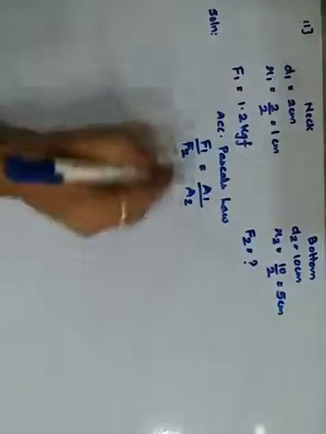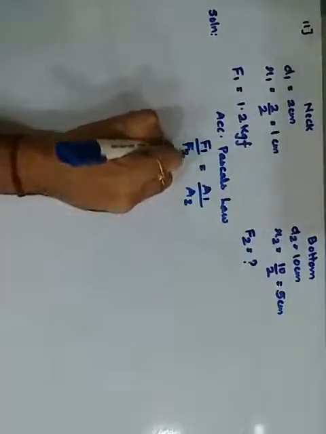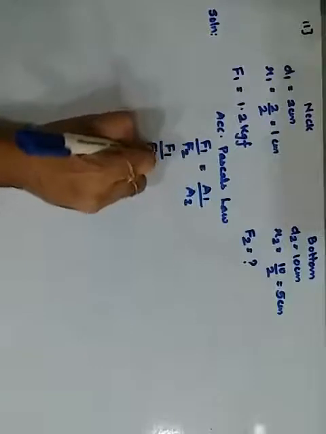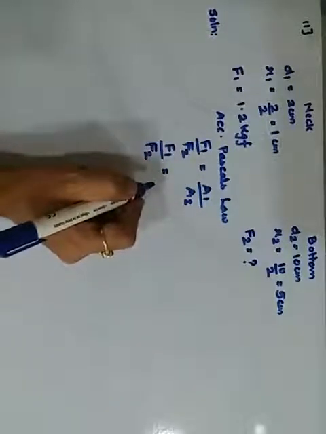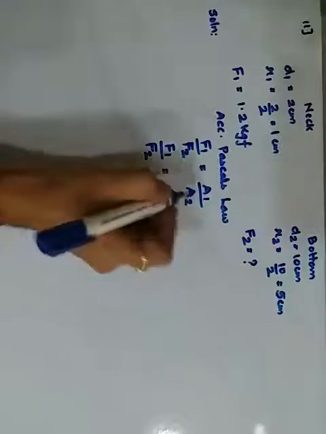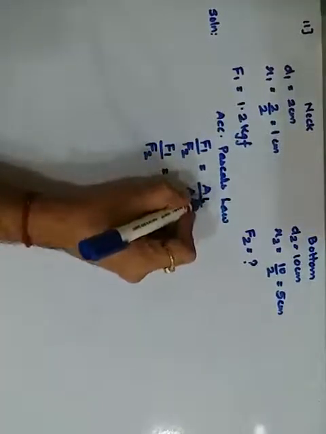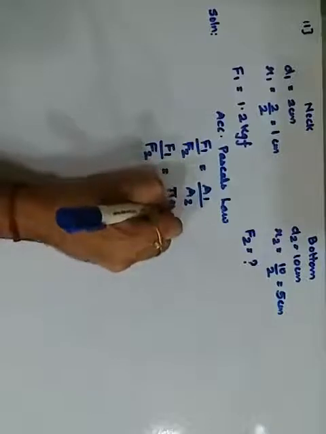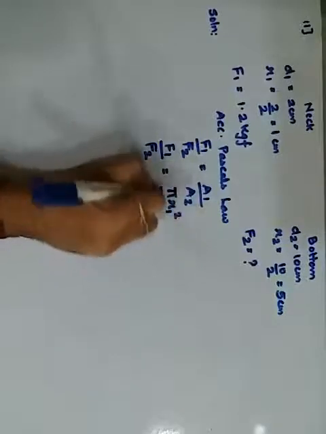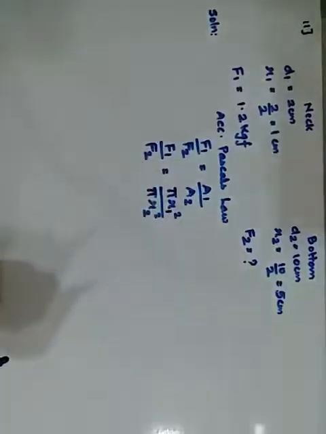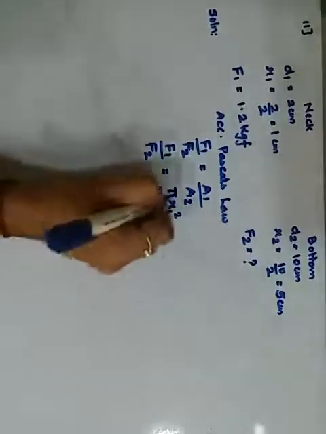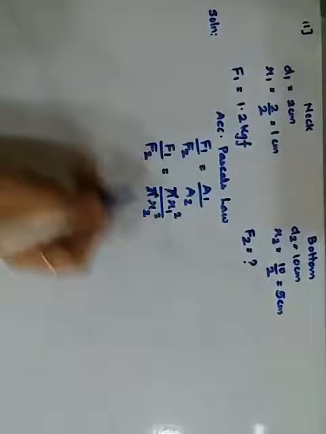Now listen carefully. The area of the bottom and the area of the neck are both circular, so I consider the area of a circle, that is pi r squared. So A1 is pi r1 squared upon pi r2 squared. Getting it? Here pi and pi cancel, so I substitute the values.